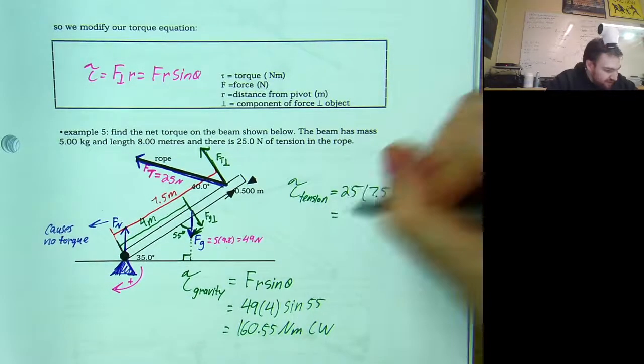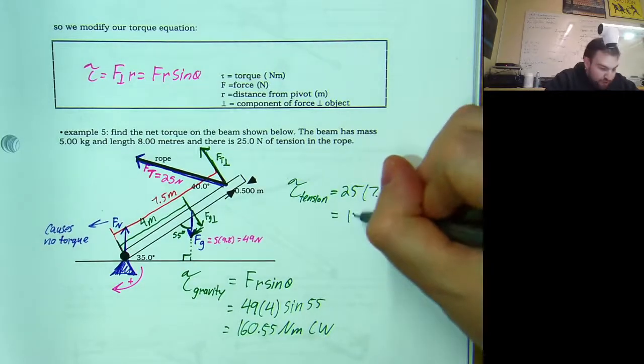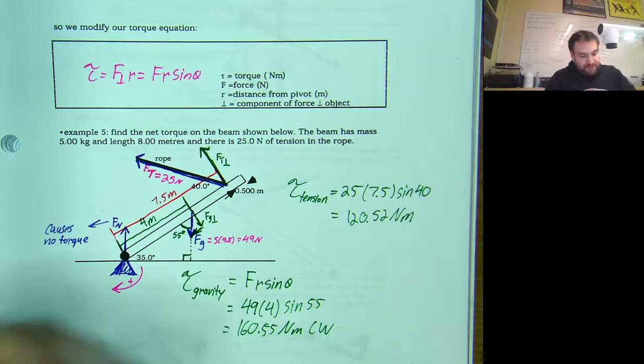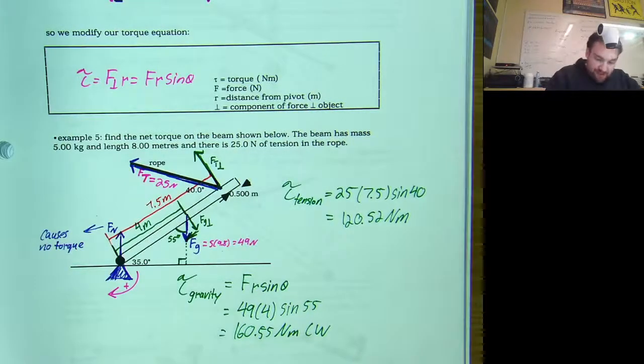So then my tension is going to be 120.52 Newton meters. Which way? Well, this is pulling the beam up this way, so that's going to be counterclockwise.